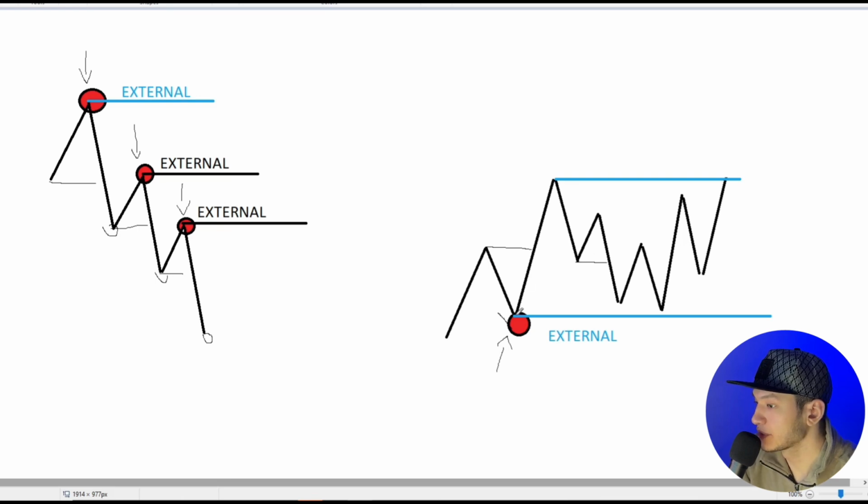Why? Simply because you've got external high over here, which is a strong low. Okay, so they mark that as a breakout. They can consider that one as a liquidity and that one as an order block or ICT or something like that, and most probably they will get stopped out here.